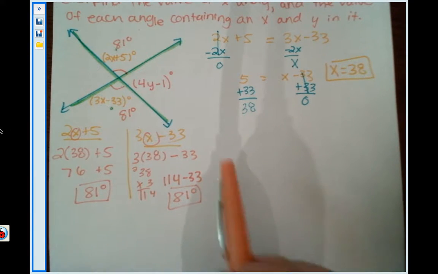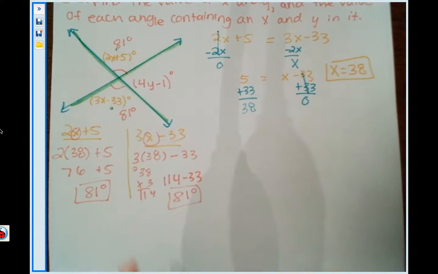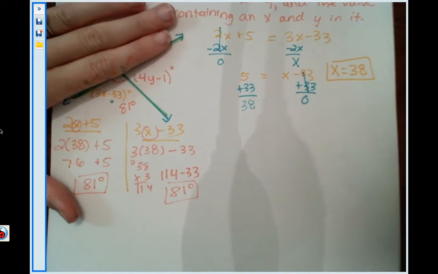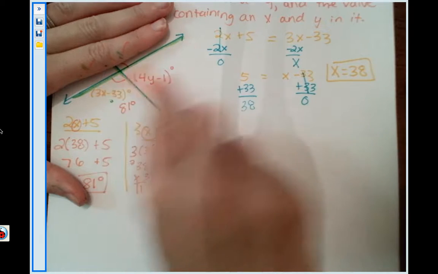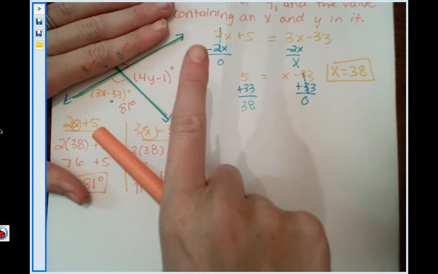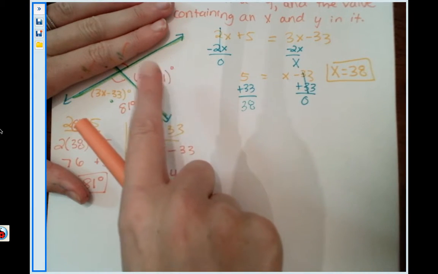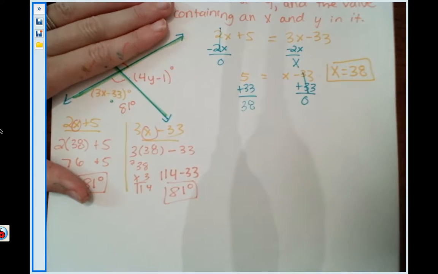All right, and now that I know these angles, that's going to help me find my y value. So now we need to find our y value, which there are 2 options. Let's continue to use our angle pairs, which at the start of the video I kind of showed you one of. These 2 angles form this line right here, which means they have to be 180 because they're a linear pair, which makes them supplementary.